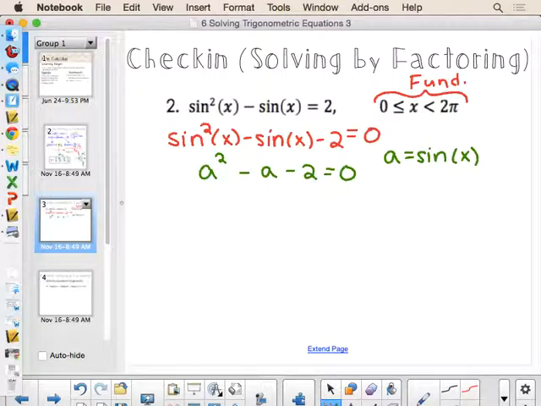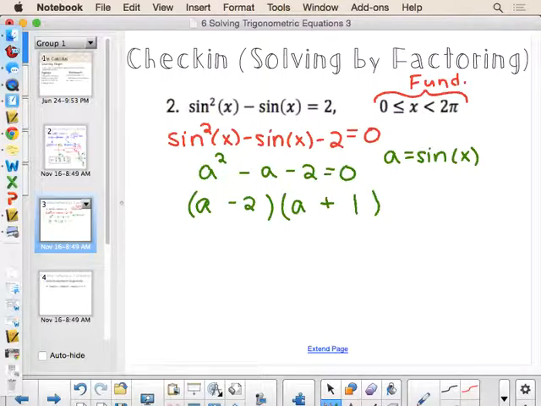So when I go to factor this, I have an a value of 1, so I know I'm having an a and an a. I need to multiply to be negative 2 and add to be negative 1, so we're going to have a minus 2 and a minus or plus 1. Because negative 2 times positive 1 gets me negative 2. And then if I add negative 2 and positive 1, I get negative 1.